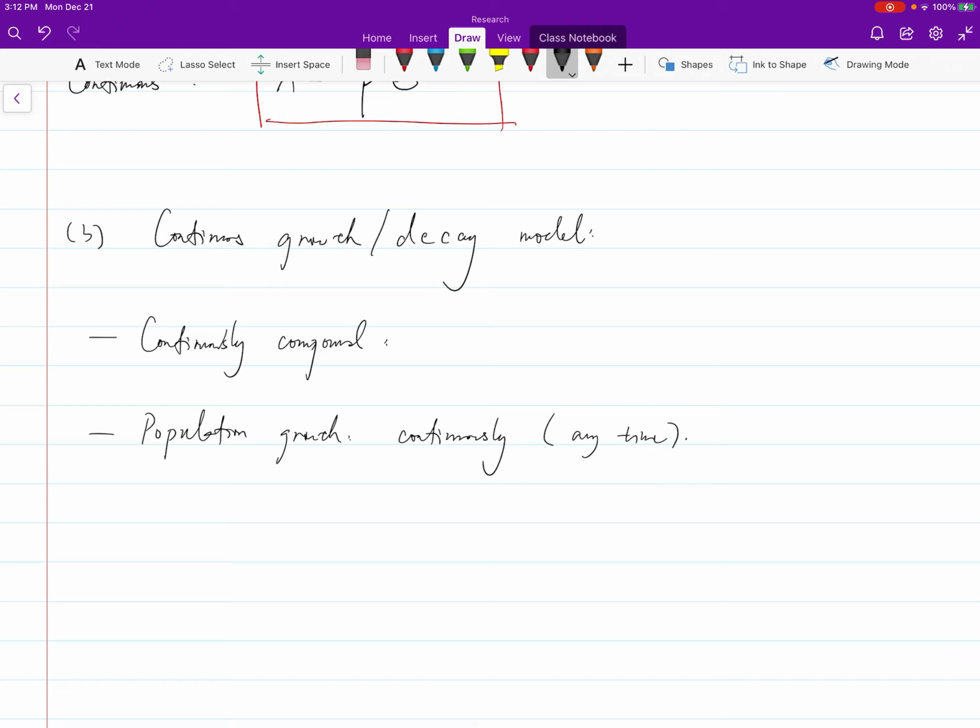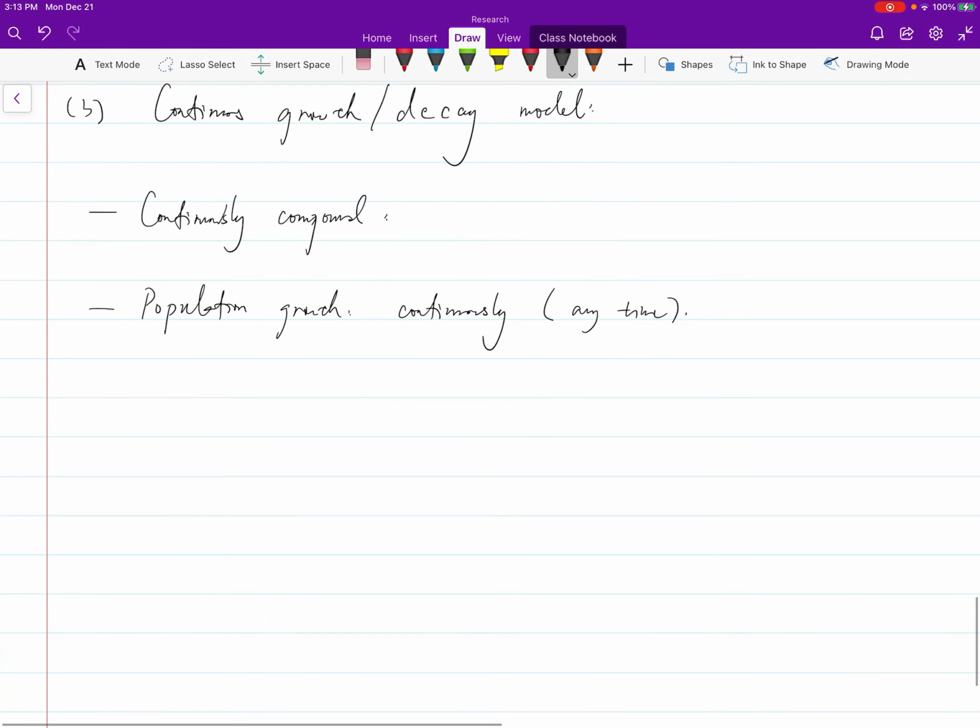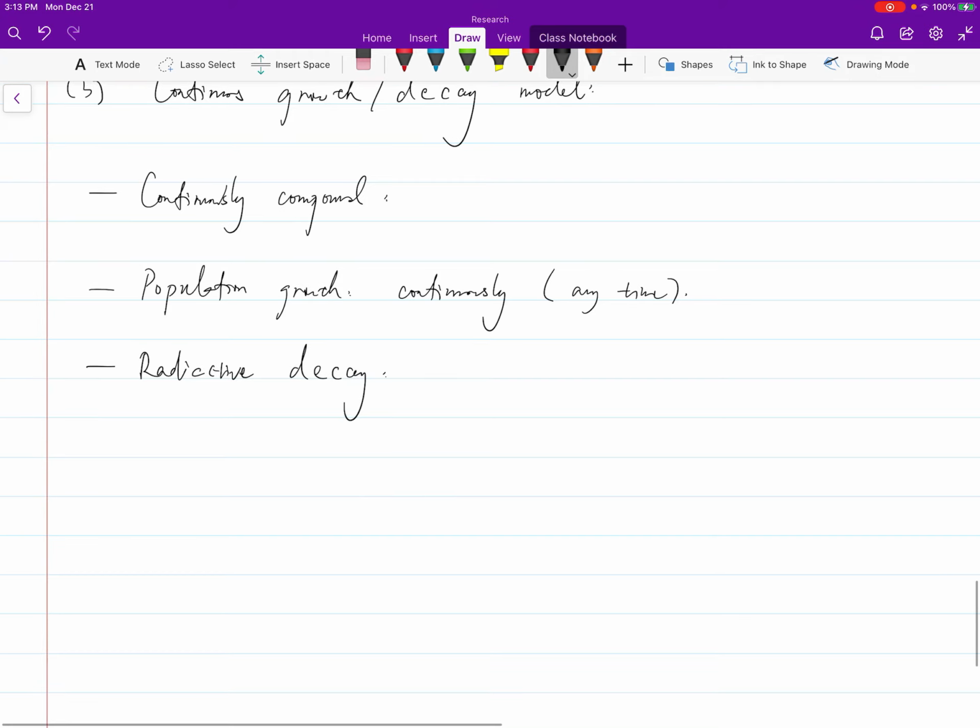It's not like compound interest. You can artificially say anything before January the 1st doesn't count. For population growth, you only do the compound interest on January the 1st, right? But for population growth, you cannot restrict that. Similarly for radioactive decay, it's decaying at every moment. Therefore, a continuous growth rate is more accurate.